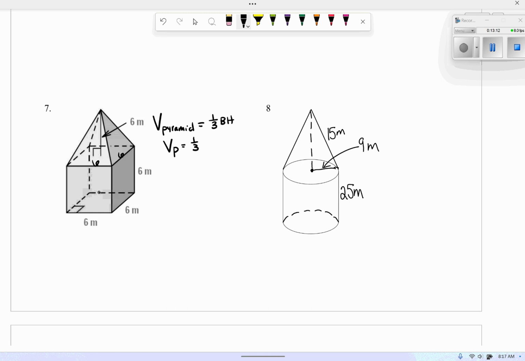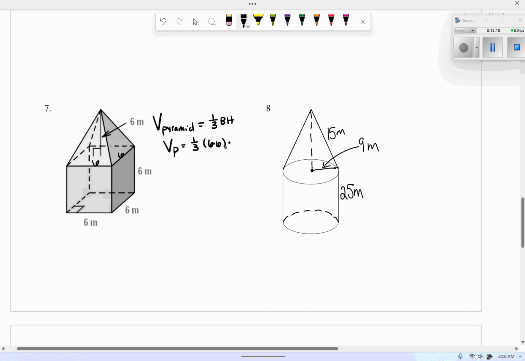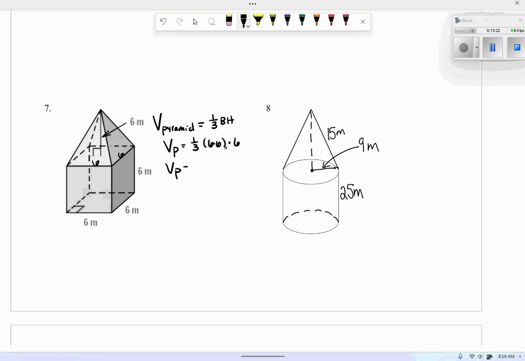So the base would be 6 times 6 times the height, which is also 6. So 6 times 6 times 6 is 216, times 1/3 is 72 cubic meters.